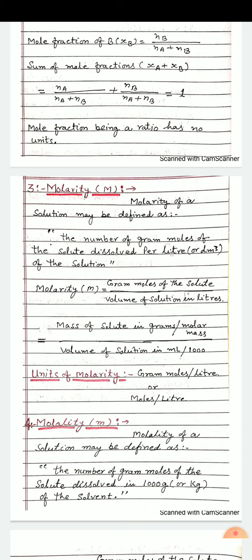Molarity M is equal to gram moles of the solute divided by volume of solution in liters, which is equal to mass of solute in grams upon molar mass, whole divided by volume of solution in milliliters upon 1000. Units of molarity: gram moles per liter or moles per liter.